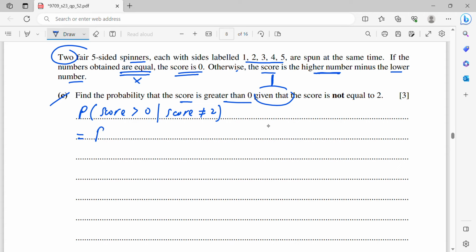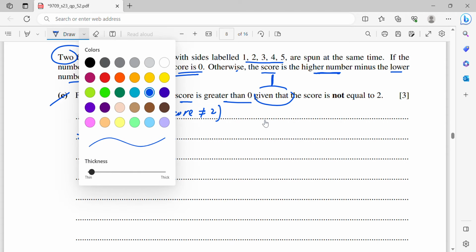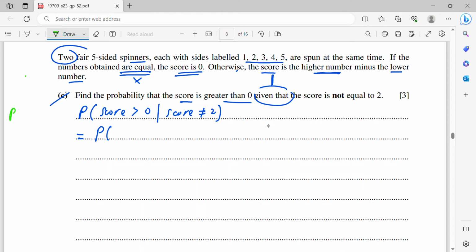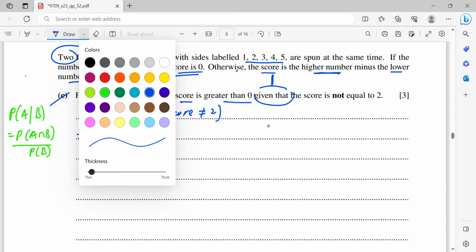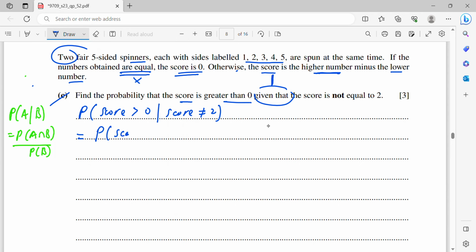For your information, the conditional probability formula is P(A|B) equals P(A intersect B) over P(B). So here it will be the score greater than 0 and the score is not 2, over P(score is not 2).